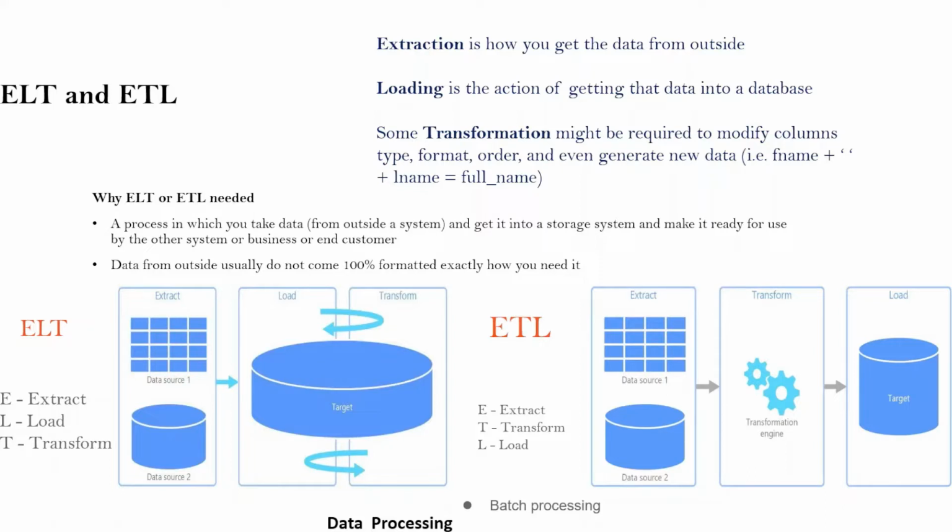E stands for extraction, and extraction is how you get the data from the outside. And when I say outside, it can be anything, like on-prem applications which are storing the data locally, maybe in some desktop software which has an embedded database, stored in the form of CSV or Parquet or some other formats.